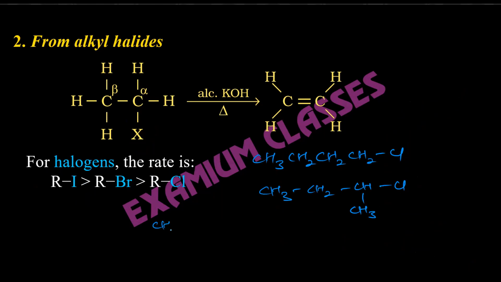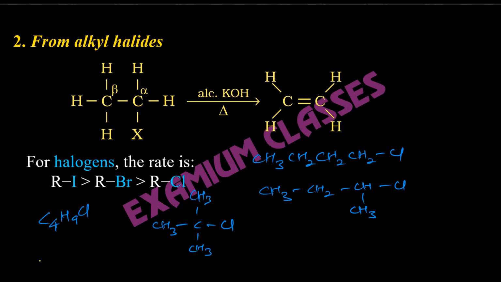And I can have CH3C(CH3)(CH3)Cl. Remember, all of these are butyl chloride. Formula C4H9Cl. There will be 4 carbons in each, 9 hydrogens, and 1 chlorine. These are isomers. But there are these different possibilities.